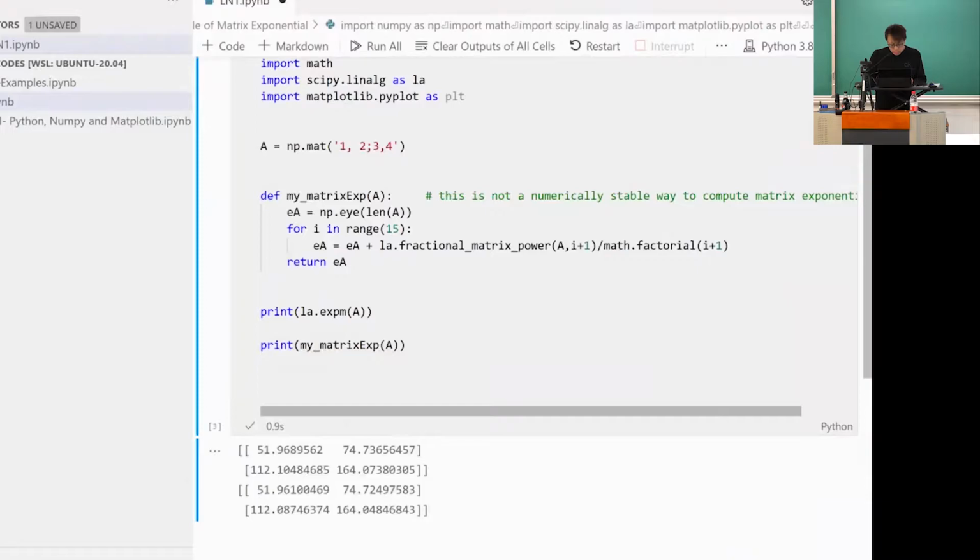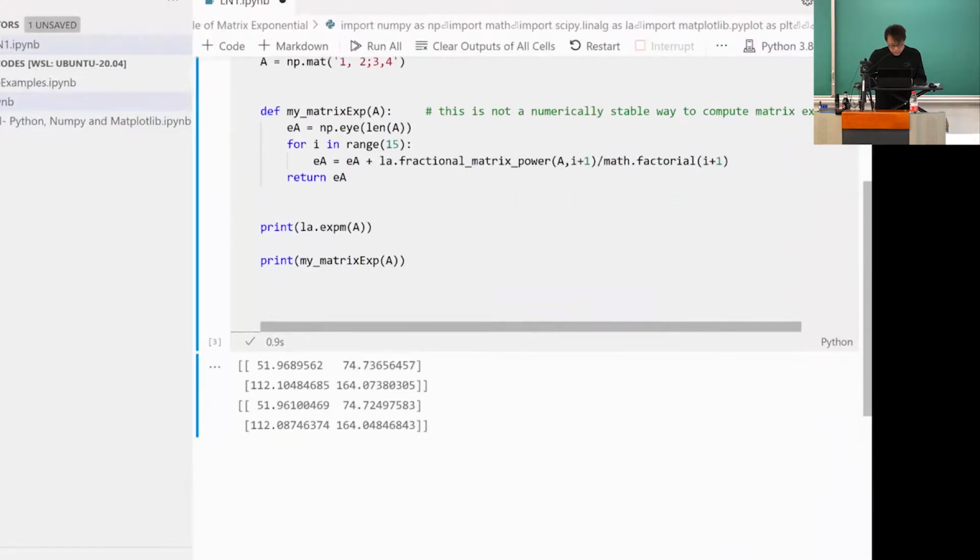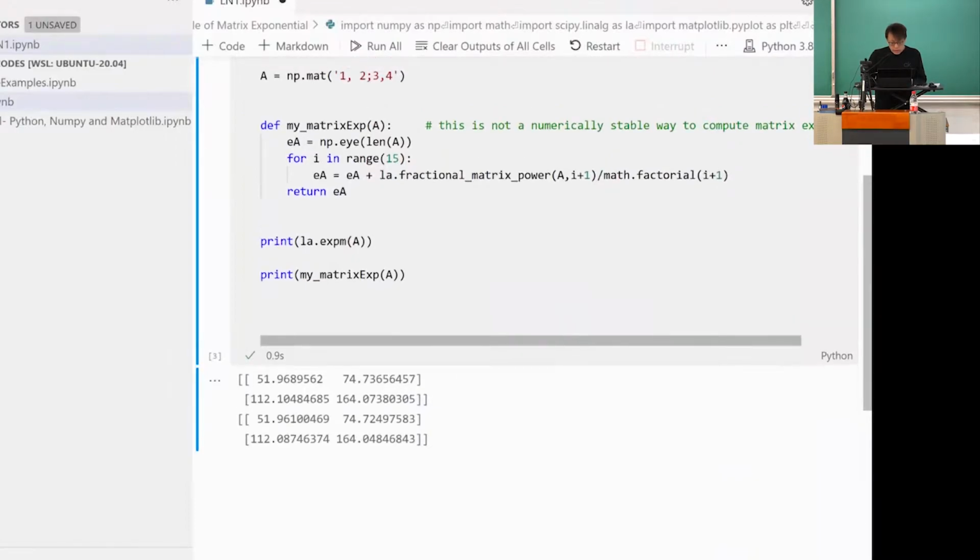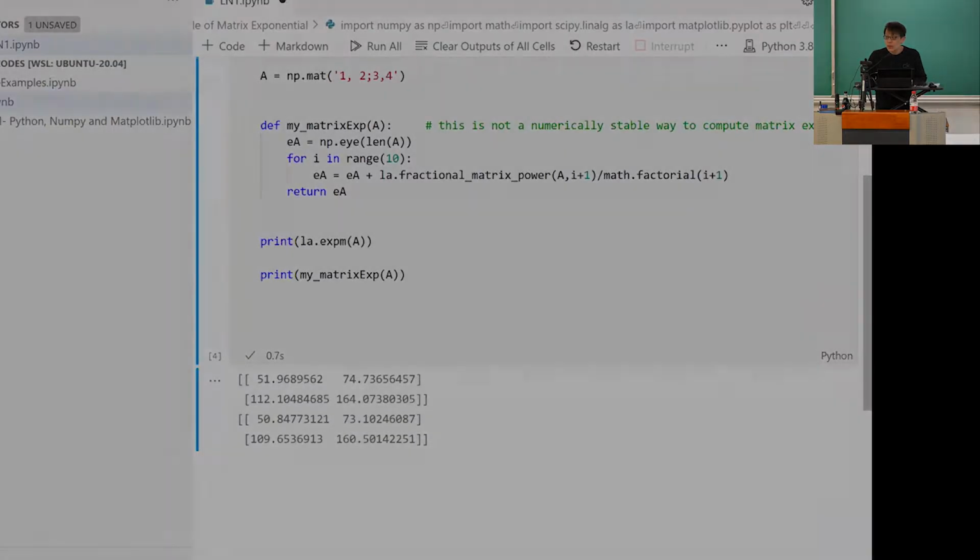Let's see how it works. Roughly the same, a little bit different. If you add fewer terms, let's say 10 terms, there will be bigger errors.